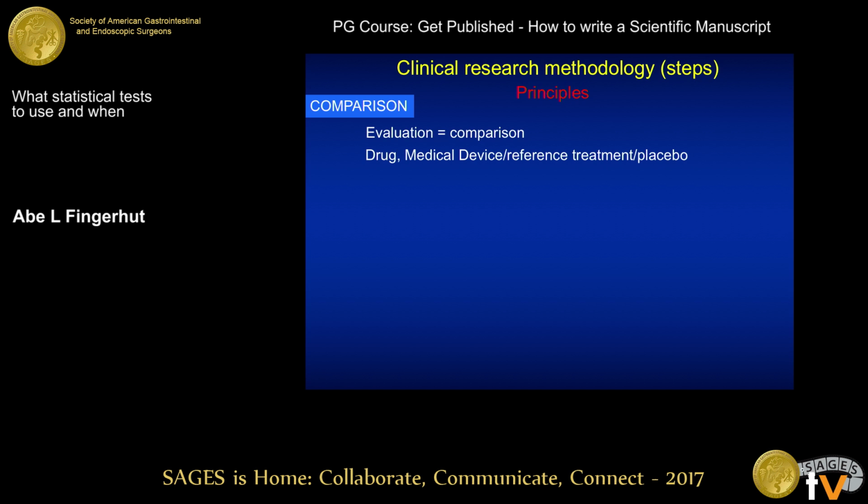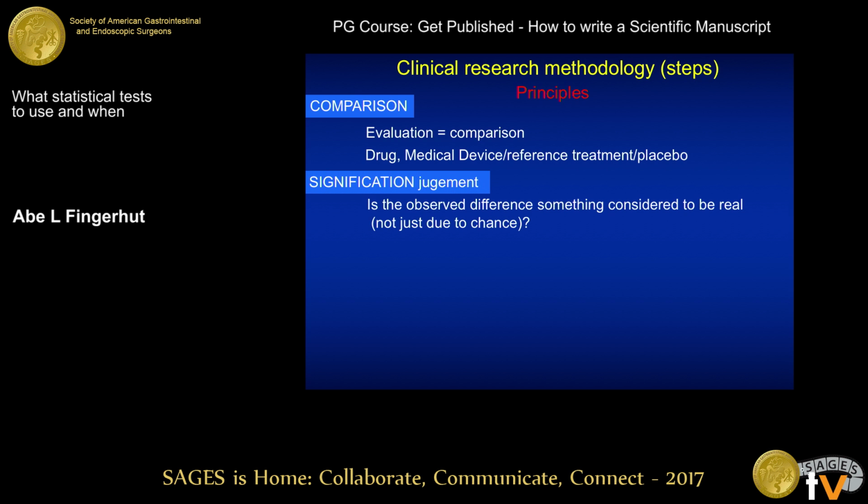This is part of your methodology. And you use statistics to have what we call a judgment of signification. Is that observed difference in your experiment, in your study, something that could be considered to be real as opposed to something that could happen just by chance?